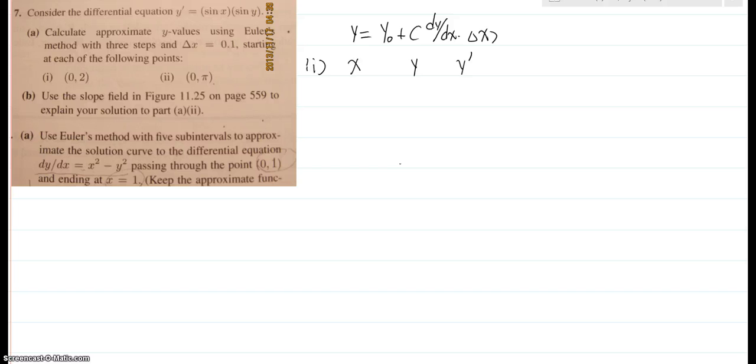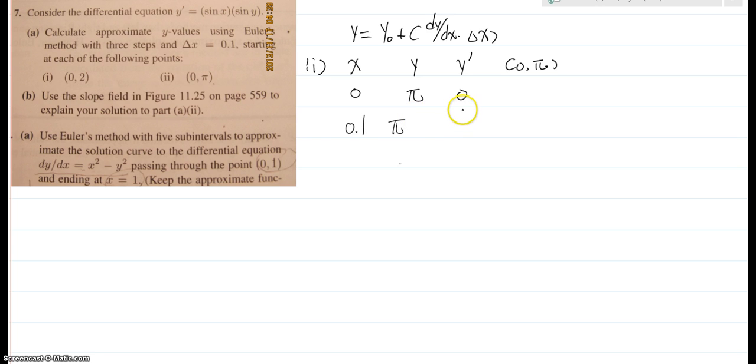For part 2, it's asking to do the same thing, except you now start at 0, pi. This is going to be very interesting because you start at 0, pi, and since sine of 0 is 0, your y prime will be 0. If you keep going, you'll find something really interesting. You plug in 0.1, you have pi, because pi plus 0 times 0.1 is still pi.